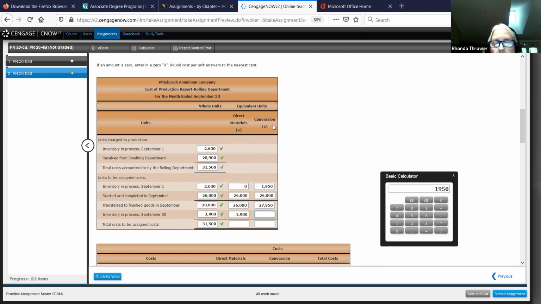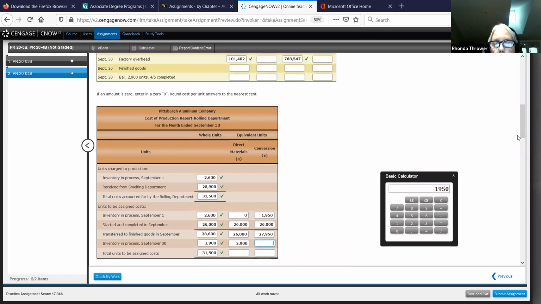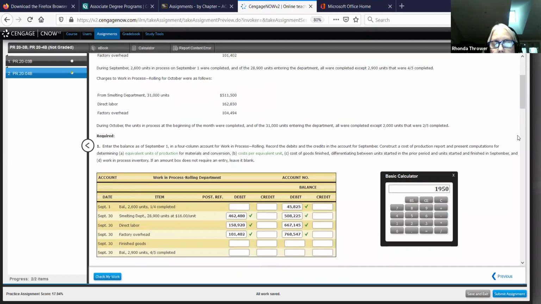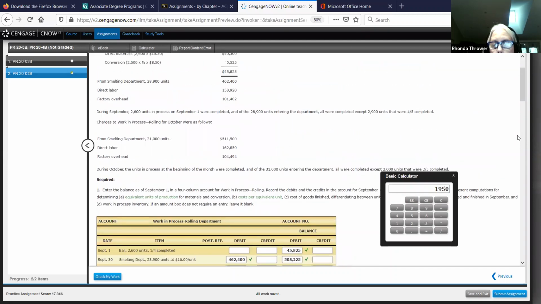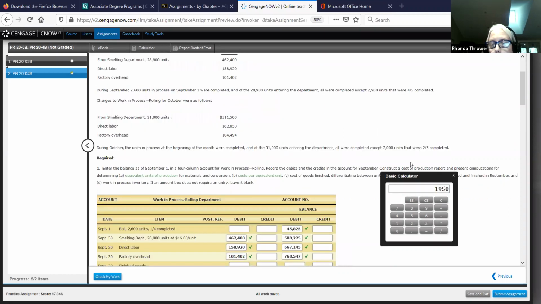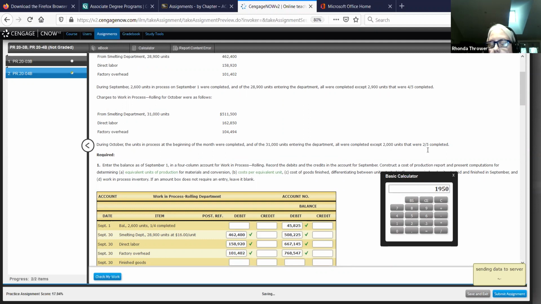But we're going to have to calculate our conversion based on what we finished this period. Remember, we're talking about ending inventory now. The number of units was 2,000, and they were 2/5 completed with respect to conversion. So I'm going to take 2,000 units, multiply that by 2 and divide it by 5.